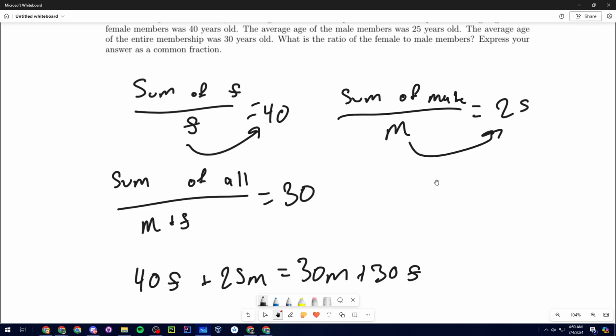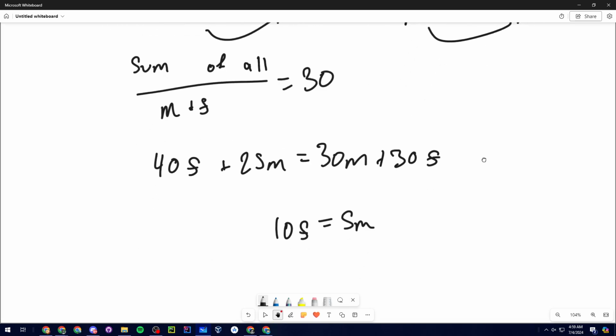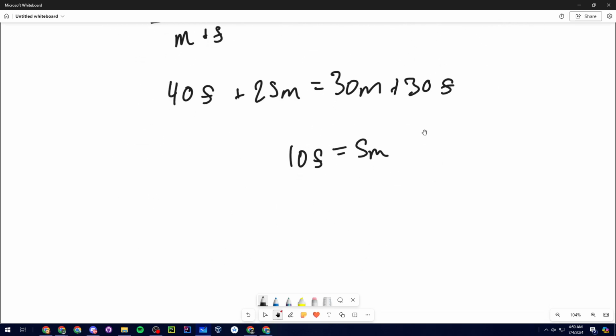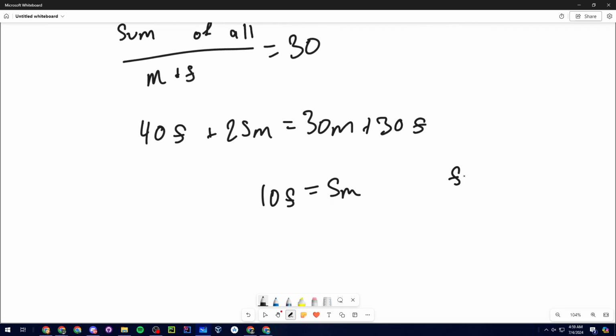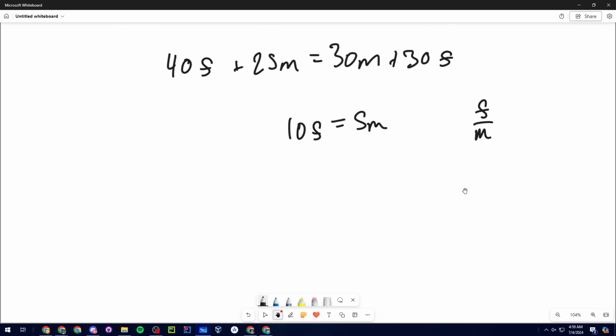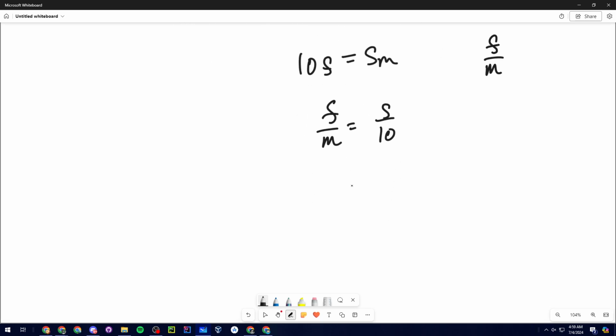We have to find the ratio female to male, which is the same thing as F over M. So F over M is equal to 10 over 20, which is equal to 1 over 2. So 1 over 2 is your final answer.